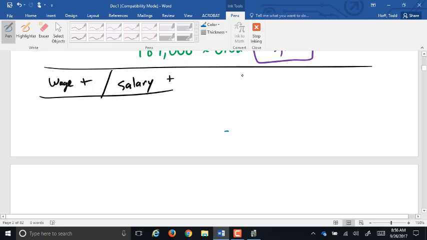So let's say that you are working as a parts manager at a major shop, and you work on a commission of what's coming as parts. So let's say you're working on $12 per hour plus 4% of sales.